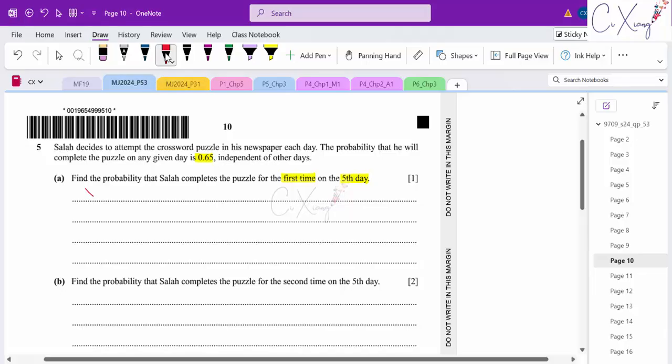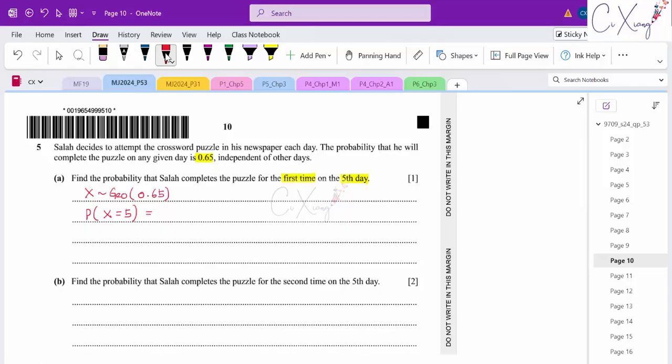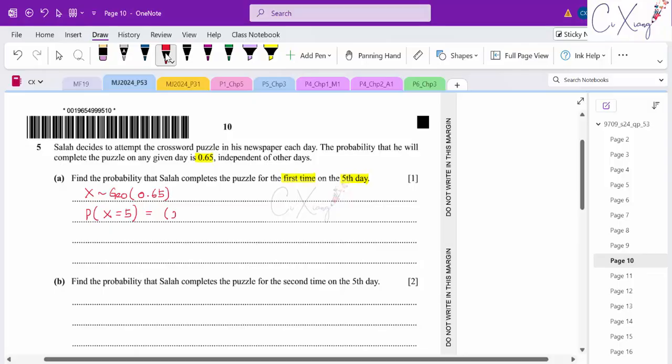So here I know that I'm having geometric distribution with the single success trial probability P of 0.65. The first success is on the 5th day, so the number of days to get the first success is equal to 5. That means all the first 4 days are failures.